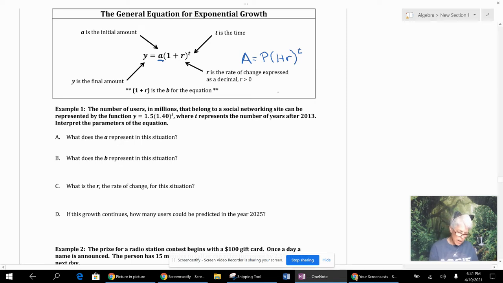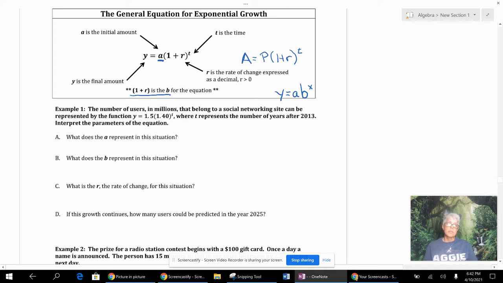So the original parent function looks like this. Y equals A times B to the power of X. And so A, remember, is the y-intercept, and B is the constant rate of change. And so you can kind of compare it to what we have now, where B is being represented in this format.